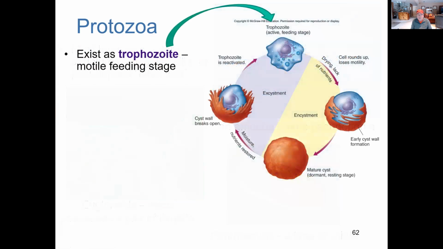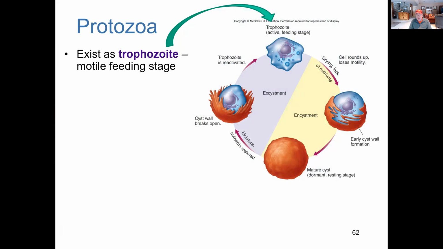Most protozoa exist in two forms. And here's one of those two forms. This is the form that we're probably most familiar with. This is the active feeding stage, referred to as the trophozoite form.